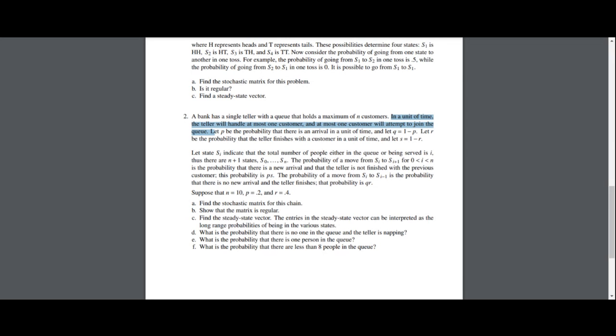They're giving you some probabilities that this kind of thing could occur. But the point is, at most you would have one more person. The teller may or may not finish with the customer. But at most, one more customer could join the queue.